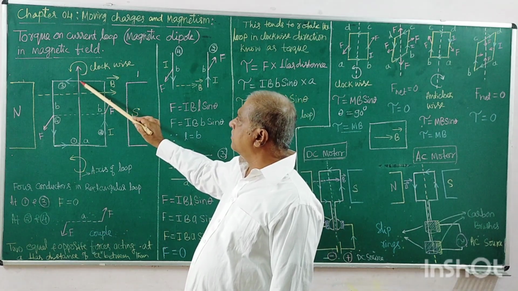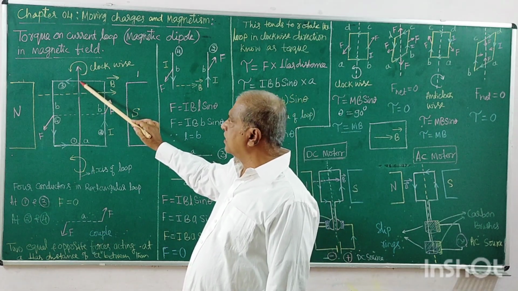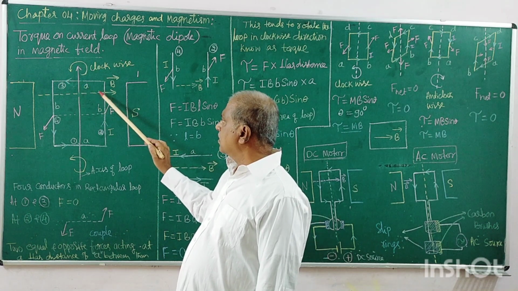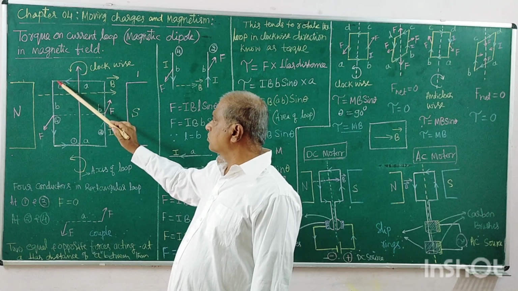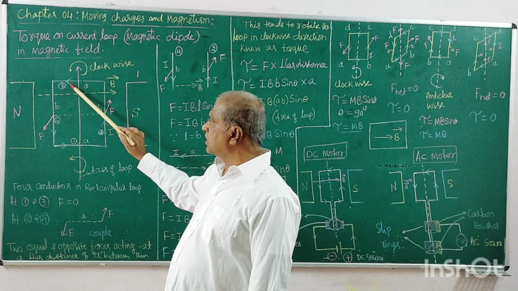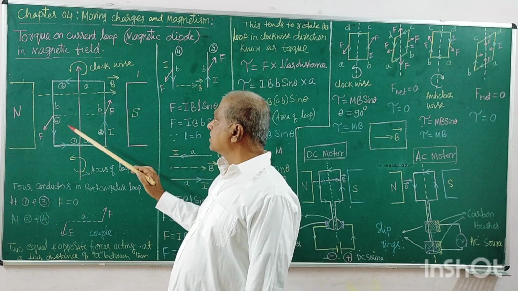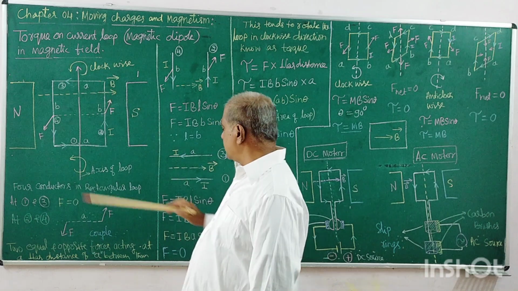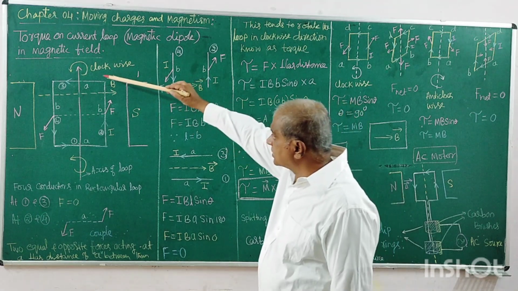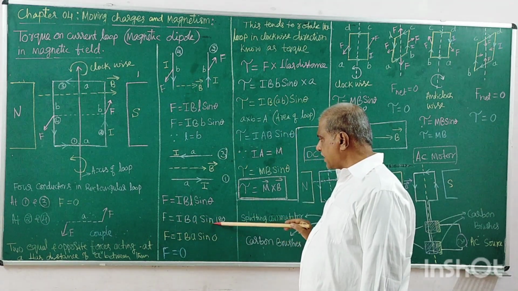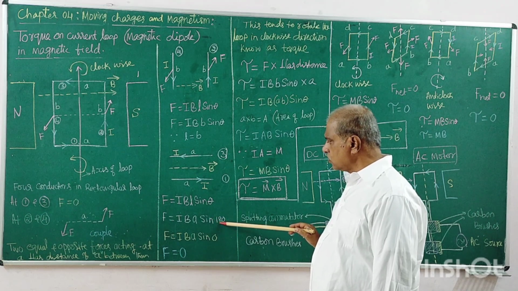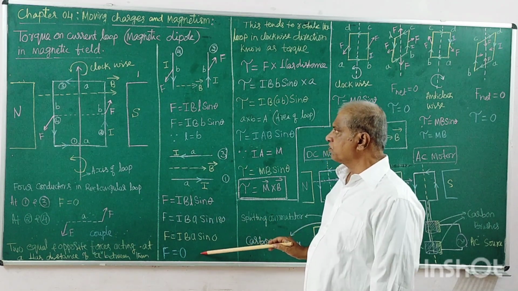Similarly, we can calculate the force exerted on this conductor. This line is in the same line, but the current direction is this. The line direction and this line direction are in opposite directions but parallel. So the angle between this line and this line is 180 degrees, and sin 180 is again 0. 0 times this is 0.